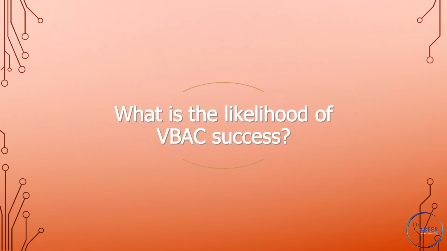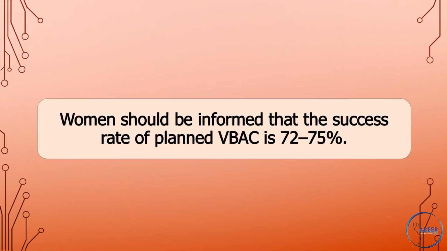What is the likelihood of vaginal birth after previous cesarean delivery success? Women should be informed that the success rate of planned vaginal birth after previous cesarean delivery is 72 to 75%.